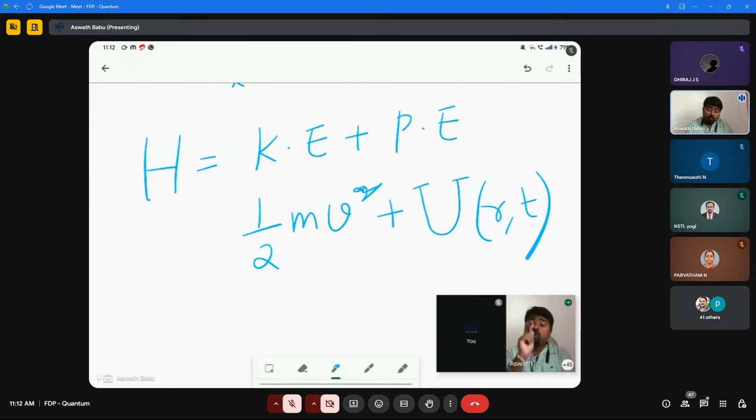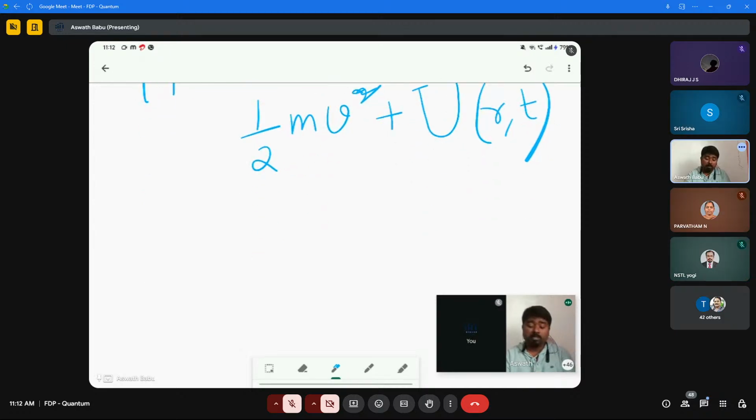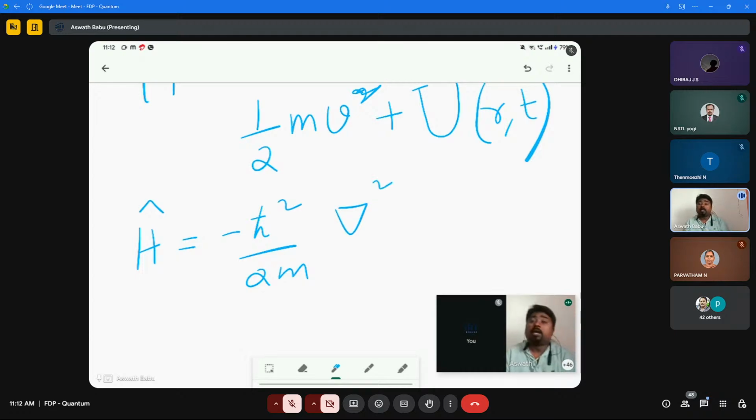In quantum computing, the Hamiltonian is represented by the Schrodinger equation expression, where the Hamiltonian takes minus h square by 2m gradient square for the kinetic energy plus U operator for the potential energy. So this is the Hamiltonian corresponding to any given system and its neighborhood.